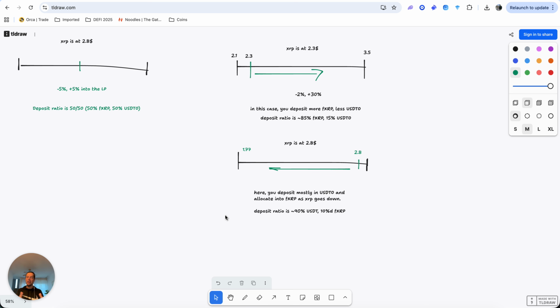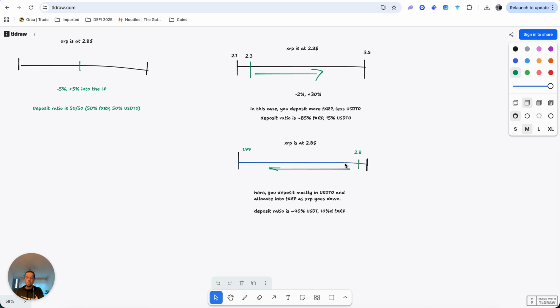So it really depends on what kind of strategy you want to be doing, whether you want to be exiting your Fxrp towards USDT or whatever else in the pool and just want to get more fees, or whether you want to be allocating just USDT, and as the XRP goes down on a pullback, right, you then want to be accumulating more.